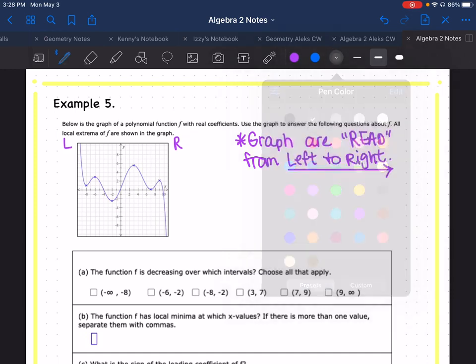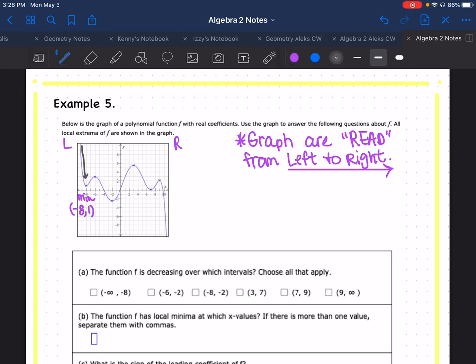So let's start with my graph is decreasing at the beginning because it starts up here in the left corner and it's going to come down to this point, which happens to be a minimum. This minimum is at the ordered pair -8, comma 1, it looks like.